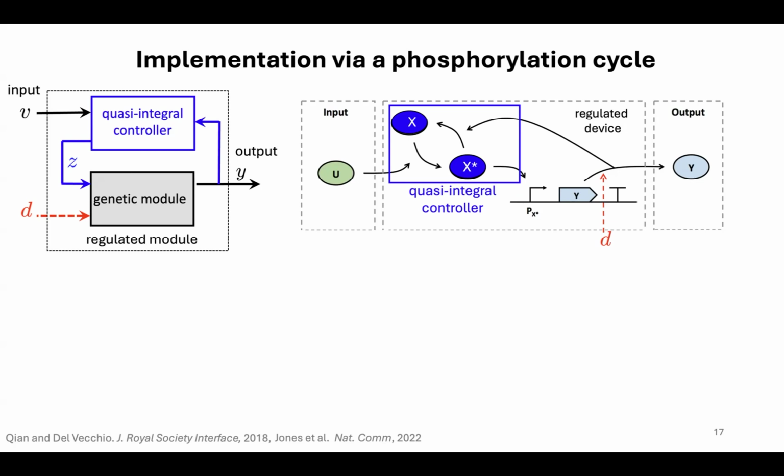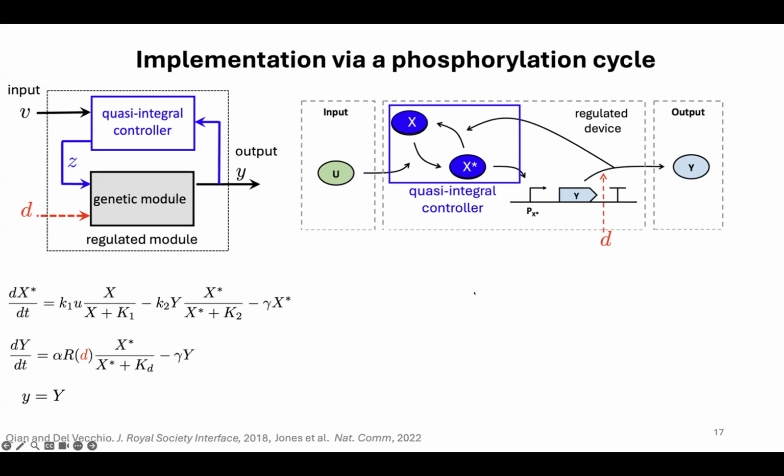X star is an activator of the protein itself. So essentially here you have a negative feedback loop. On the other hand, the input is triggering the phosphorylation to X star, which then drives the promoter output. We should also remember where all these disturbances happen. They happen along this path of gene expression.